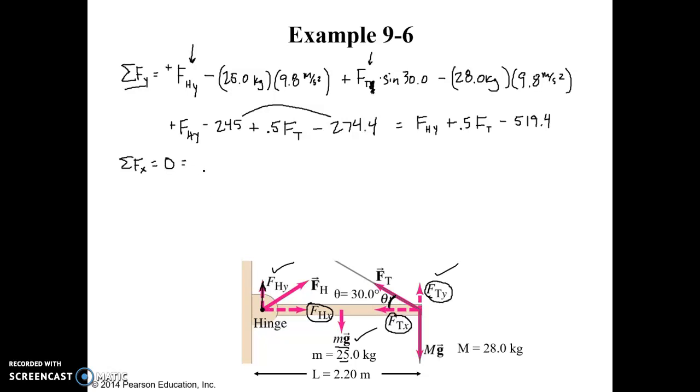We're assuming that the hinge force is to the right, so that's going to be a positive FHX, the hinge force in the x direction, positive to the right, minus FTX, the tension force in the x direction, and that's to the left, so we'll make that negative. That equals 0. Okay, so in other words, FHX is equal to FTX.